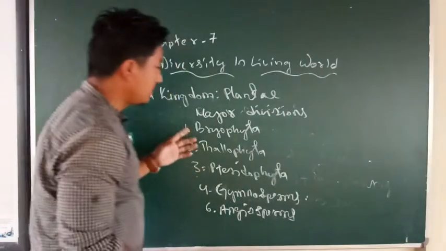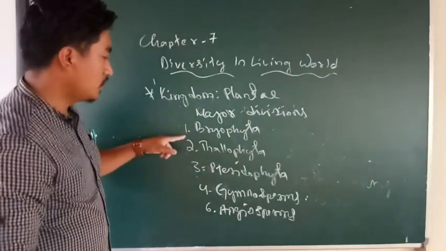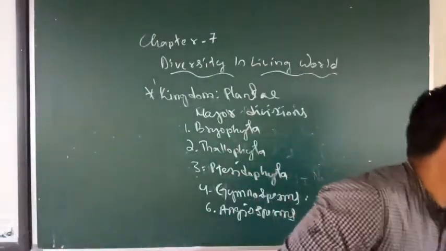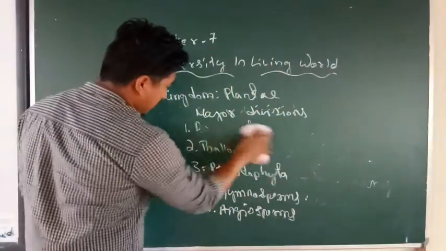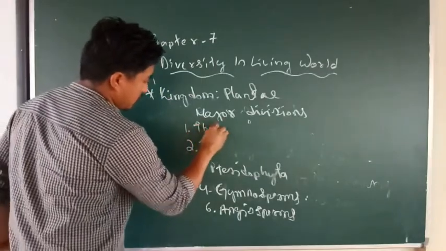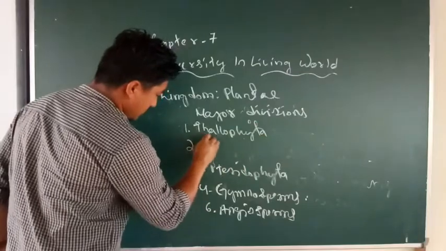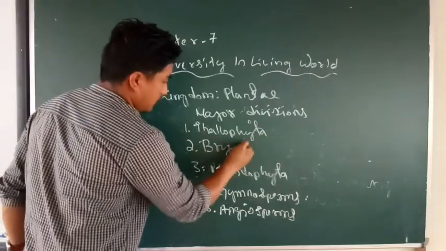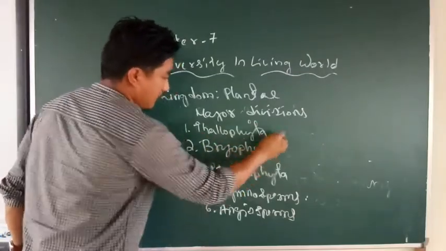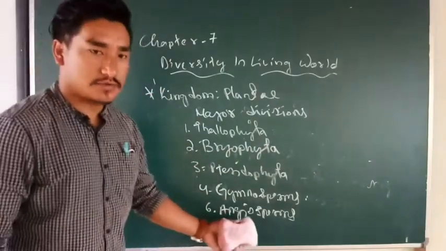So these are the major divisions in kingdom Plantae: Thallophyta, Bryophyta, Pteridophyta, Gymnosperms and Angiosperms.